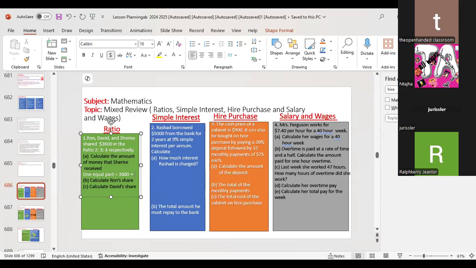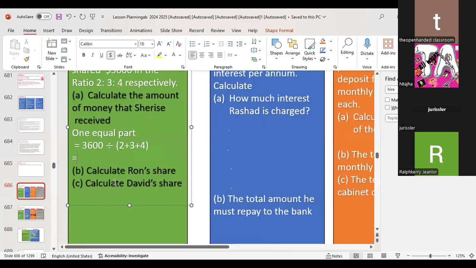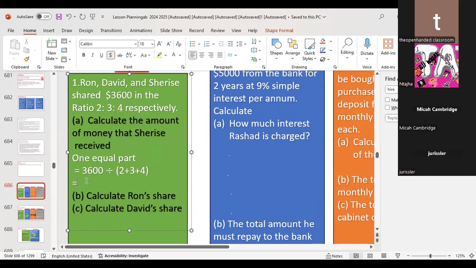The sum of 2 plus 3 plus 4. What is 2 plus 3 plus 4? That's going to give us 9. So we're going to have 3,600 divided by 9. Very good.